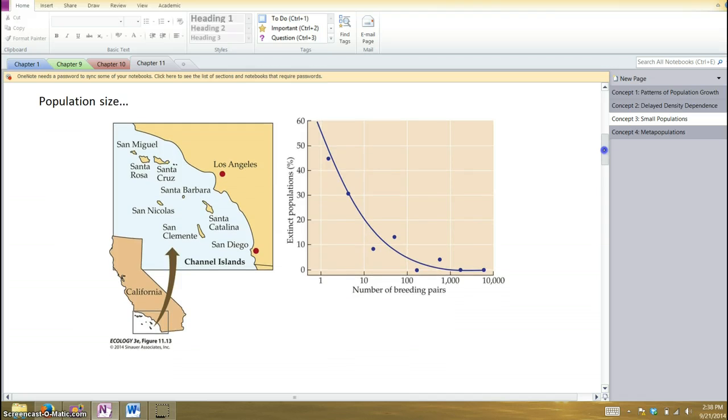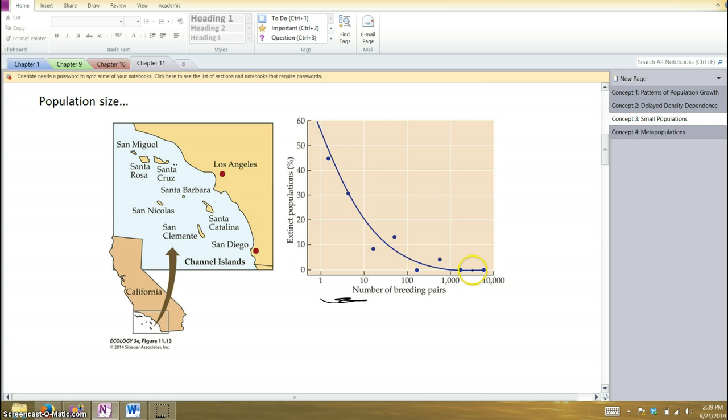And so here's a real-life example from the Channel Islands off of Southern California, and there are these bird populations that live on these islands, and sometimes the populations can get pretty small on a particular island of a given species. When that happens, essentially the probability of extinction of that population increases a great deal.